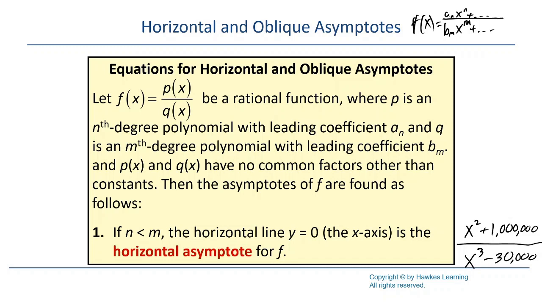So this one has a horizontal asymptote of 0, because as you go towards negative infinity or positive infinity, these are still going to go towards 0. All it affects is which side you are approaching 0 from.